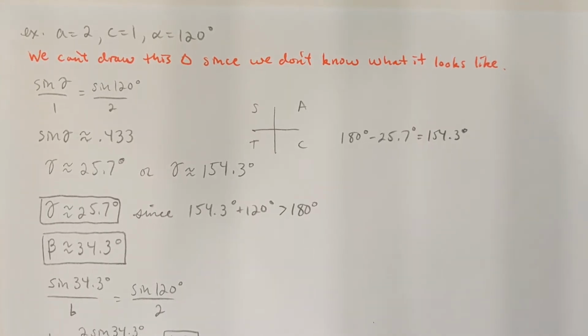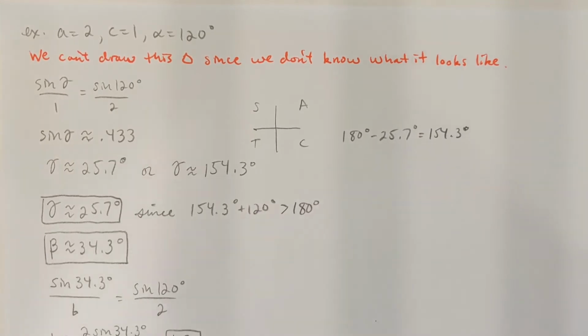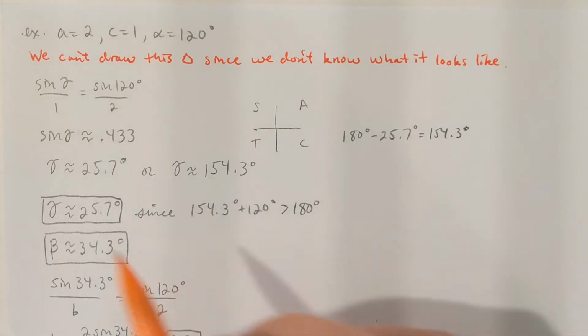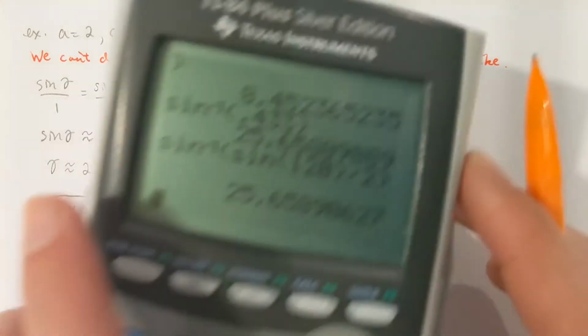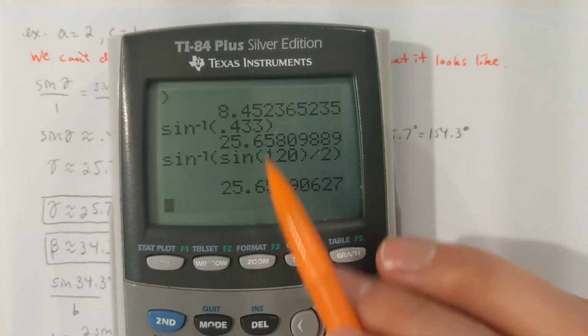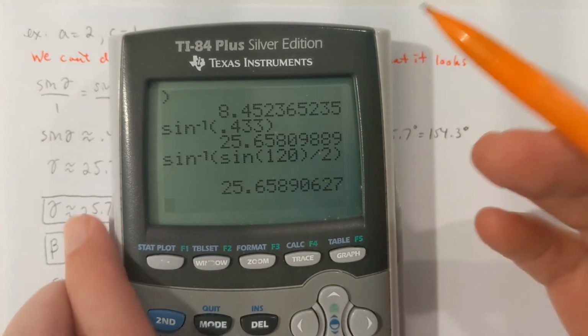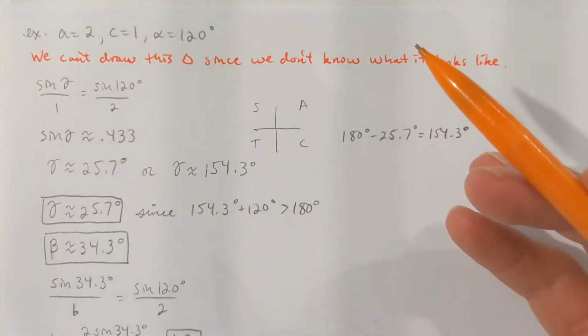So my advice is to have it as exact as you possibly can until the end, where you just round to the nearest 2 digits. So gamma is 25.7 degrees. It wouldn't have mattered here if we were to go nearest 1 digit, but like I said, on some other problems it could matter.